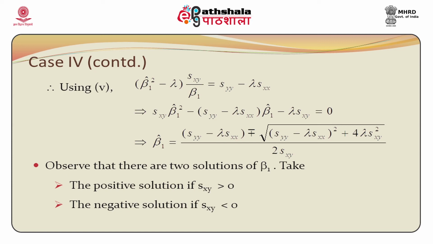Notice that in the numerator, if you look at the term within the square root, it is (s y y minus lambda s x x) whole thing square plus 4 times lambda, which is positive being the ratio of two variances, into s x y square, which is again positive.